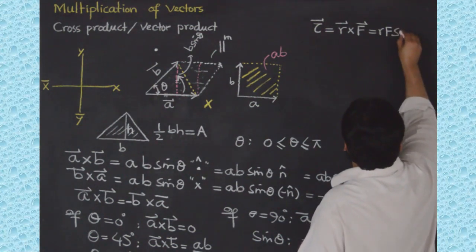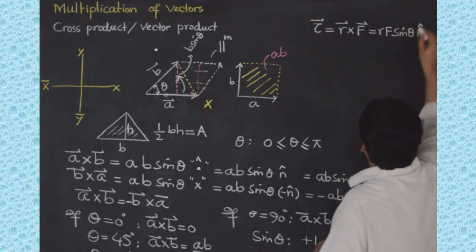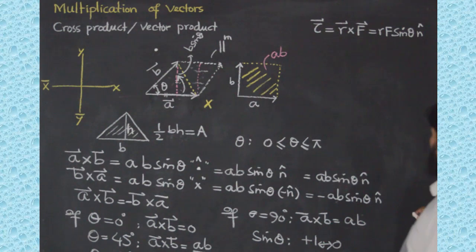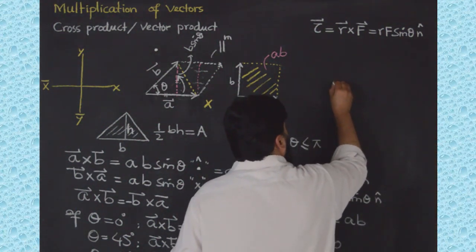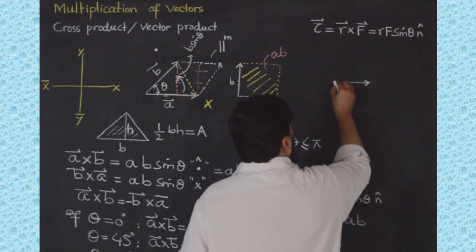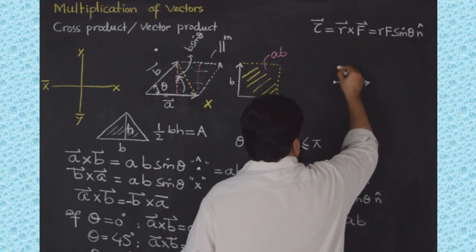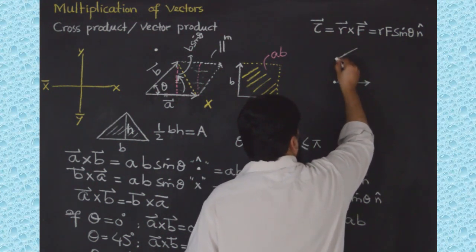So RF sine of theta, and this is in some direction. Now let's say, for example, this is a point, and from here to here is a moment arm. Let's say this may be a door or something like that.